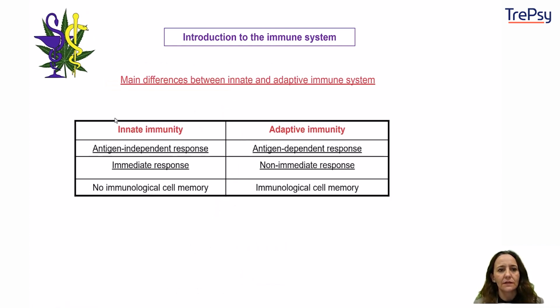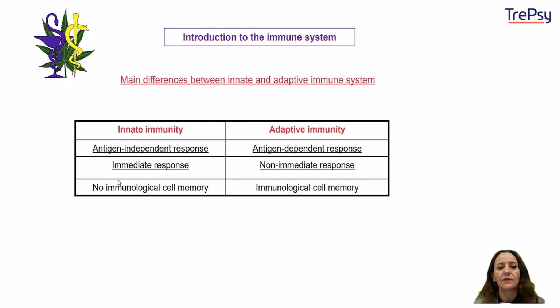So, in general, the main differences between innate and adaptive immune system are the ones present in this table, very simply. In a simplistic way, we can say that innate immunity is an antigen-independent response, while adaptive immunity is an antigen-dependent response.